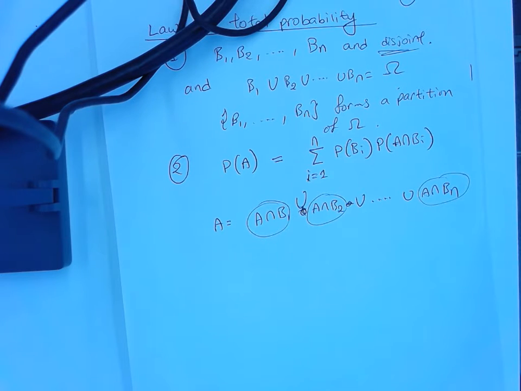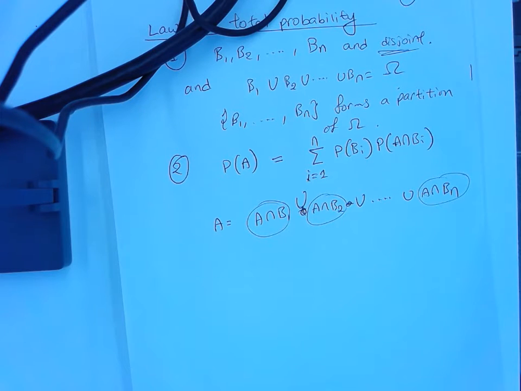And this is A. And so A intersection B1, A intersection B2, A intersection B3. The union of all of them will be A. That's basically what the theorem says. But B1, B2, B3 have to cover everything.